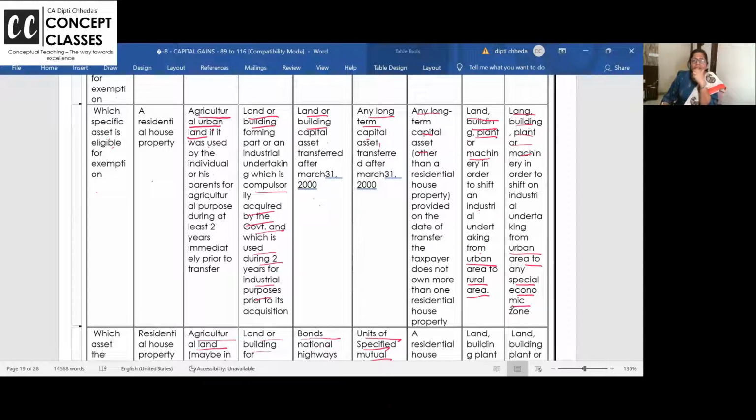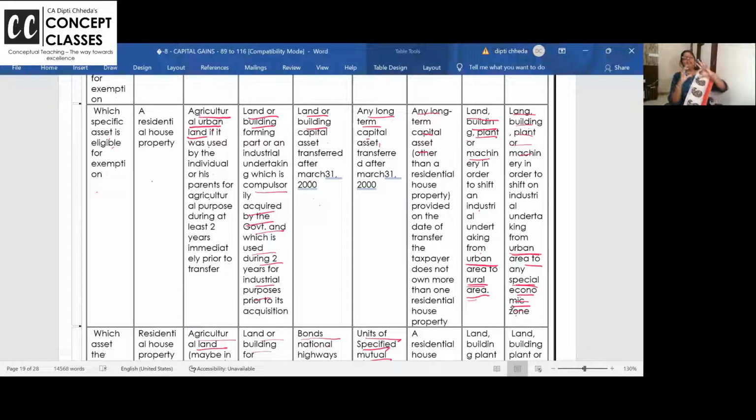And is it very much practicable? Your unit is very nice, but labor is very costly in the urban area. So better shift your land, building, plant and machinery to rural areas where labor is cheap, raw material is nearby, water is available, any resources. So you are shifting from urban to rural. Second is shift from urban to SEZ. Did we all learn with diagram what is a special economic zone?